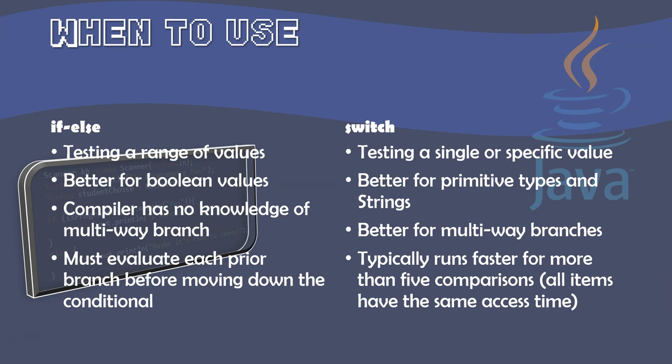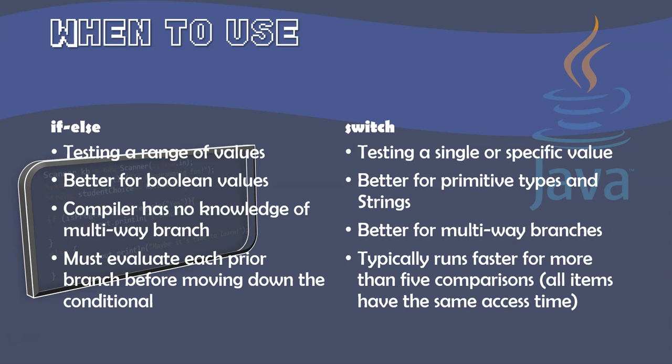Again, using things like inequalities are going to be better for that, or when we start looking at our compound expressions. However, the switch is much better for primitive types and strings because, again, we can look for specific values. So, for example, I want to look at a list of names and I want to determine what name it is going to be. This is where a switch statement might be stronger.